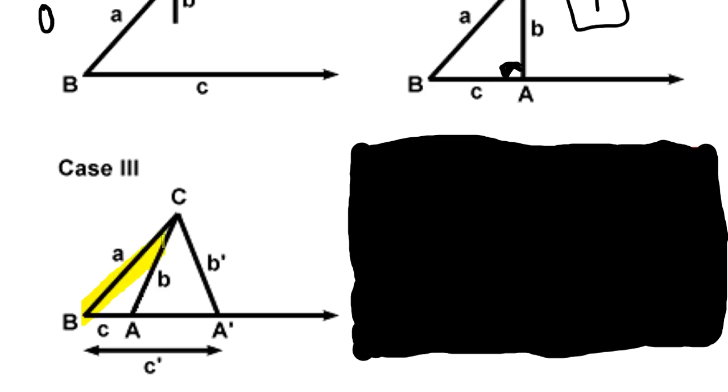So you'll see that it forms a triangle here, and it forms a triangle here. So if B is at this certain length where it doesn't generate a 90-degree angle and it's not too short, it actually generates 2 possible triangles.